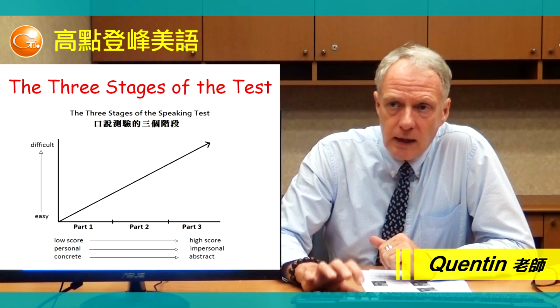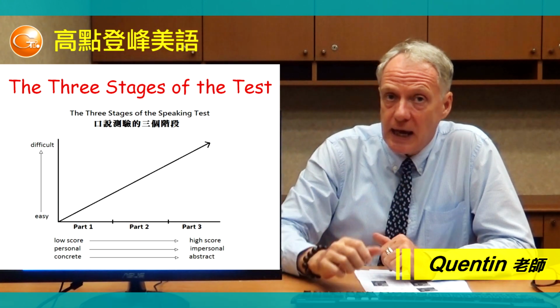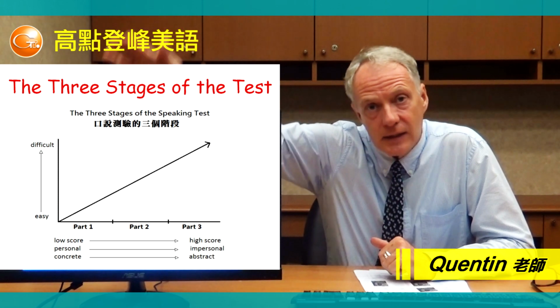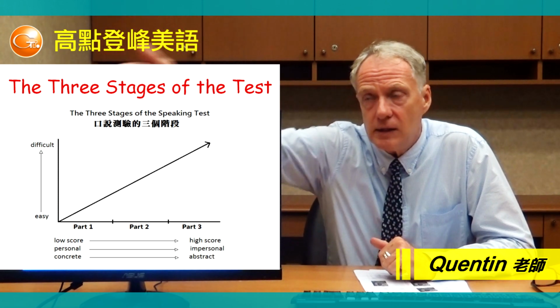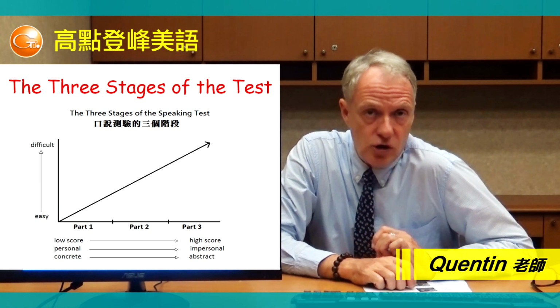And if you look here, you can see a diagram of the overall speaking test. You can see the easy and the difficult parts of the test, and these are the 3 different stages of the test.